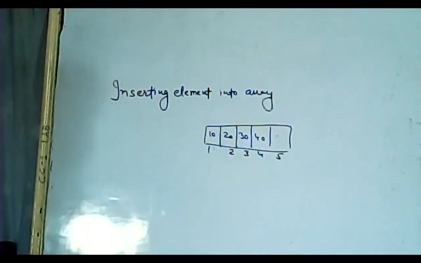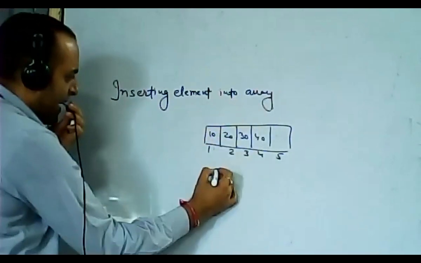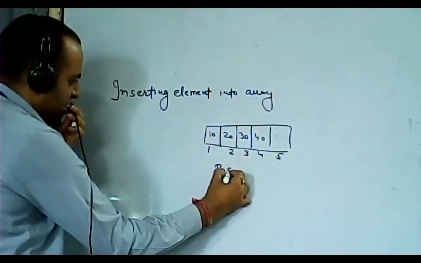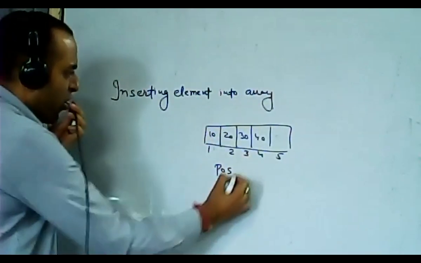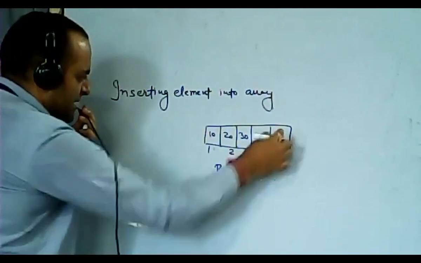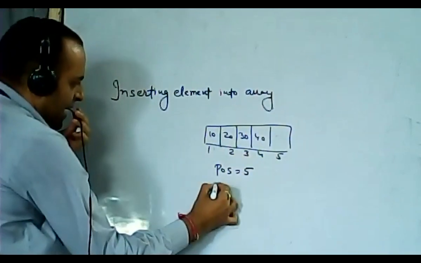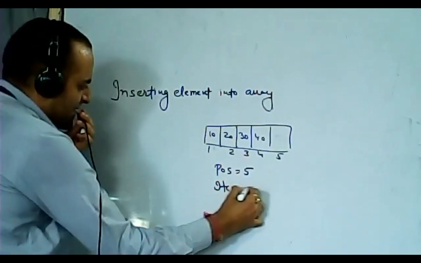Is it clear? Now for inserting any element into this array, I need two things. One is the position where you want to insert. Suppose I want to insert at position 5. Position is 5, and the item I am going to insert is 60.